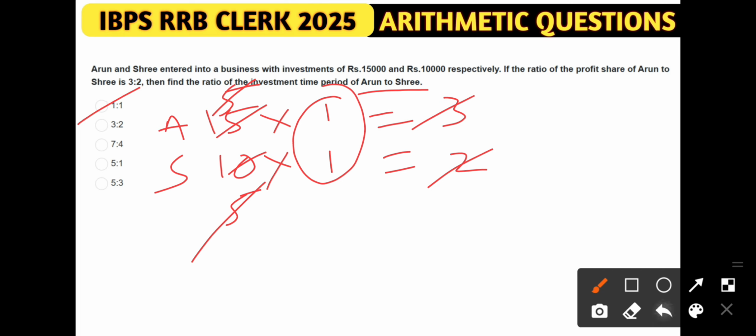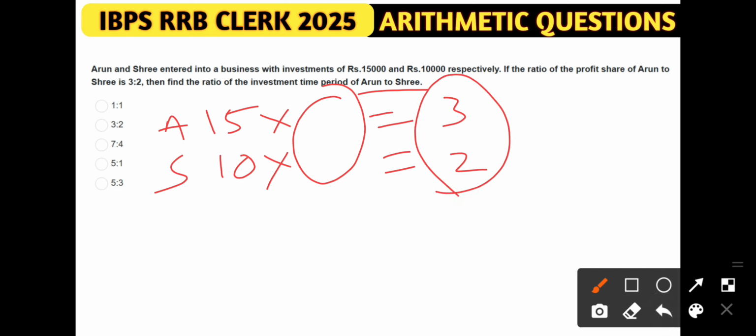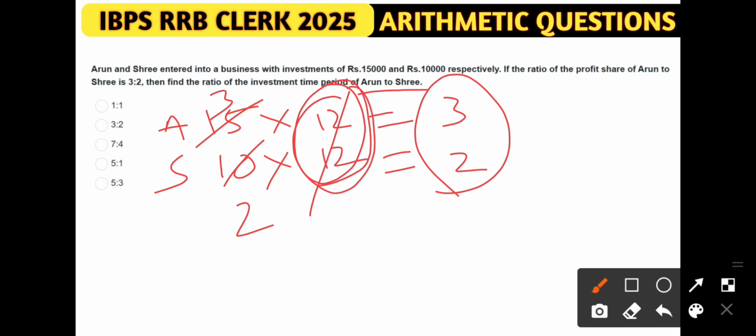Or else, to understand it clearly, we need to get 3:2 as our profit ratio. Here if we take 12 months and 12 months, these cancel, and 5 times 3 and 5 times 2. So the time ratio we got is 12:12, means 1:1. So option A is the answer for this question.